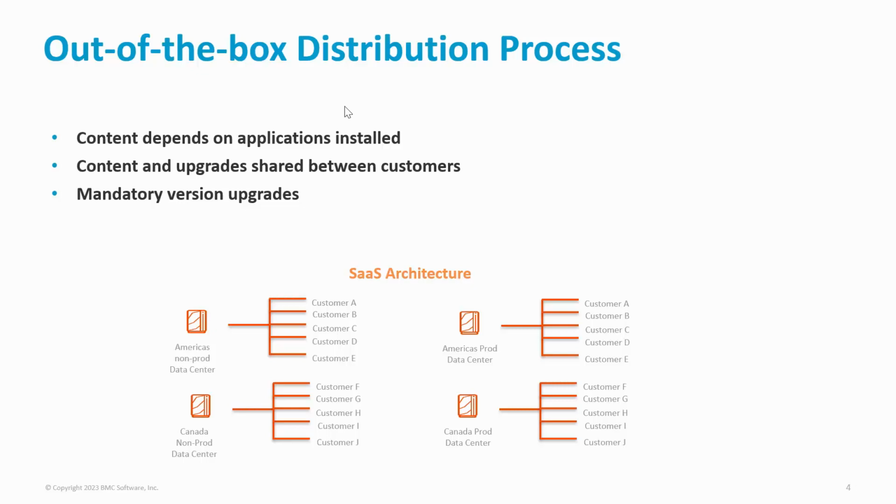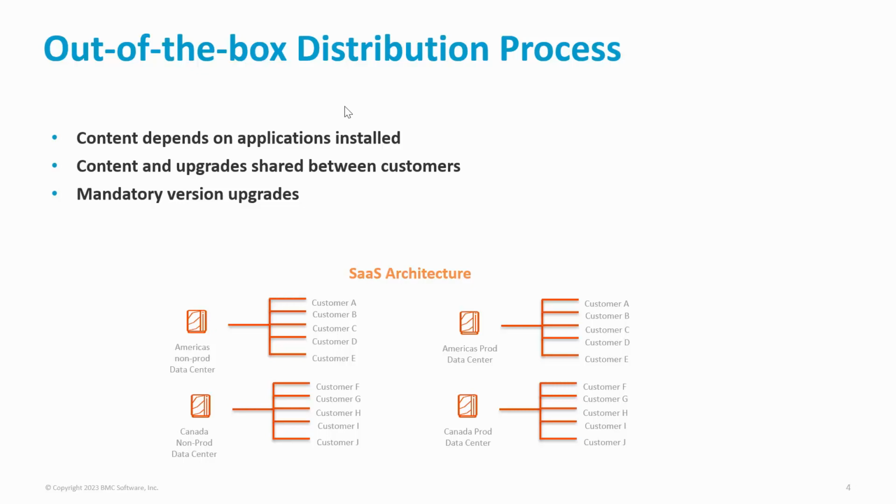This means that, for example, if you have Live Chat, that content is going to show up. The normal one is ITSM, which is our biggest one, and CMDB, which all of our systems have, but the final out-of-the-box content depends on how many systems or products you have on your contract.